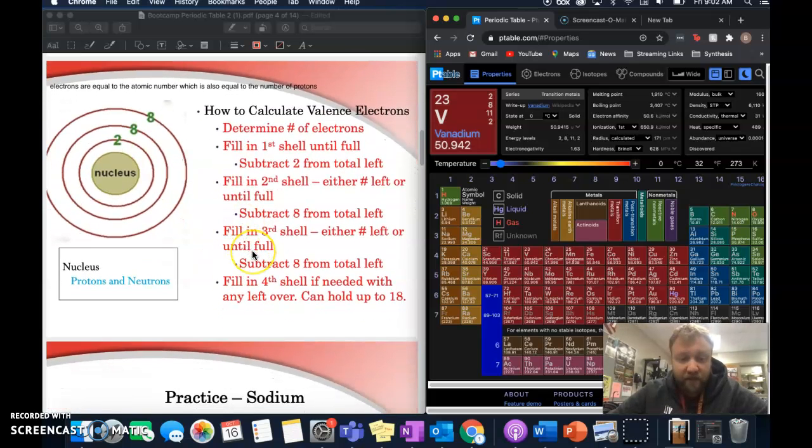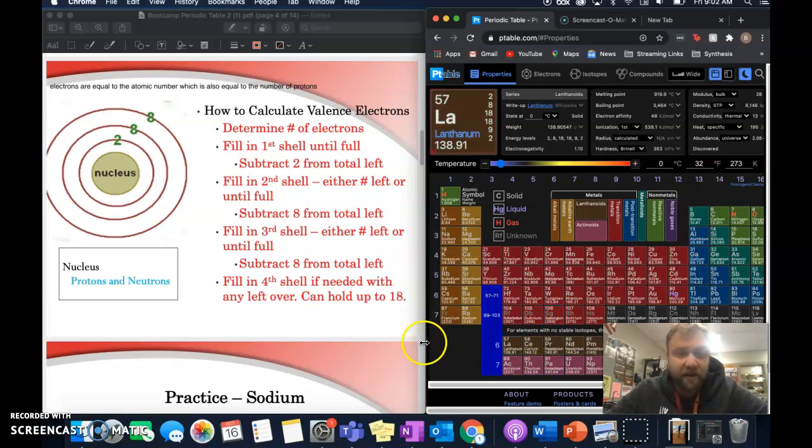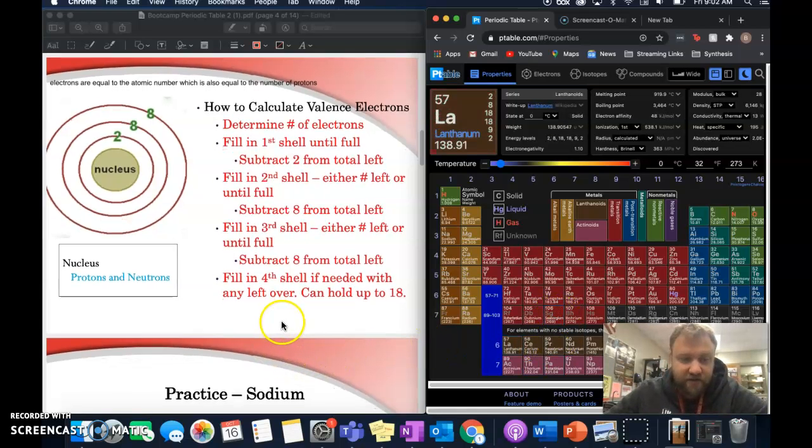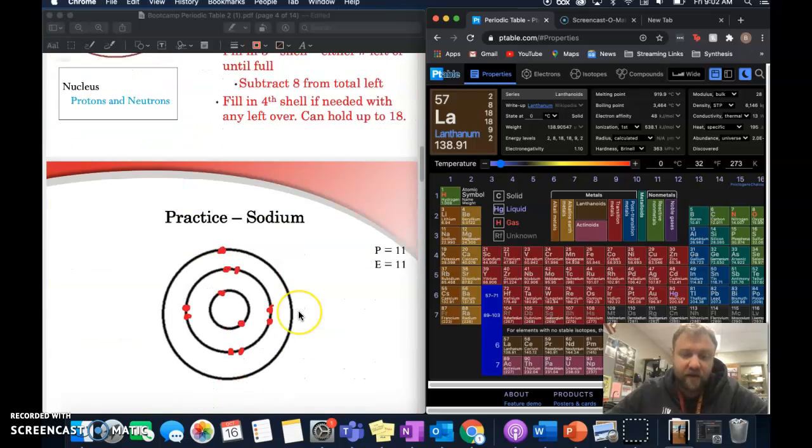Whatever you have left will fill the 4th shell. Just like our periodic table, we can get up to 7 energy levels, but I am not that mean of a person to make you draw out Bohr models of something that big. You think about it, you get to element 106, you're drawing 106 electrons, or whatever it might be.